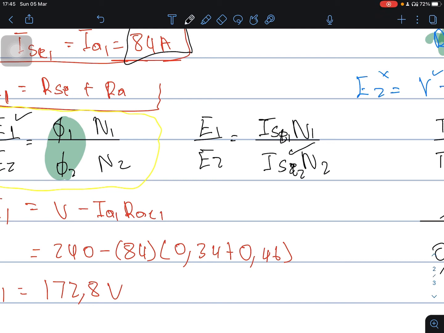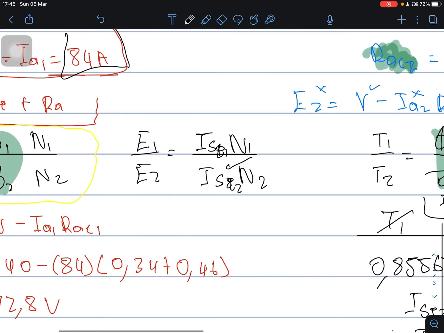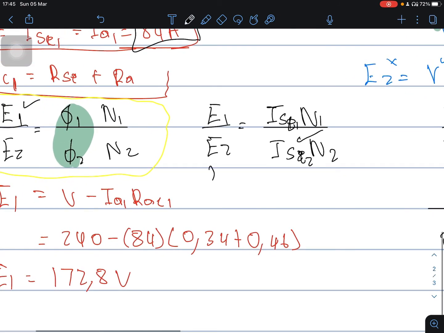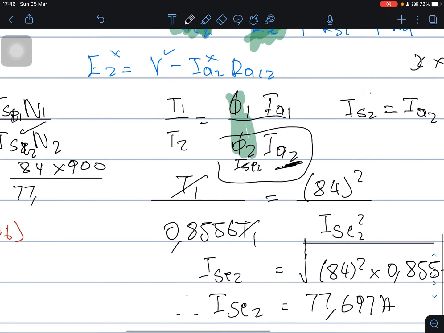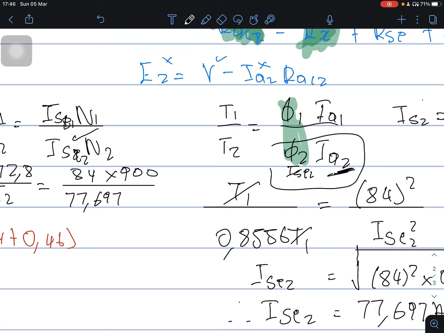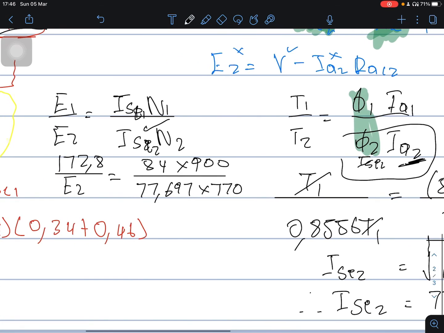Now we can calculate E2. E1, which is 172.8, over E2 equals I series 1, 84, times N1, 900, over I series 2, 77.697, times N2, 770 revs per minute.